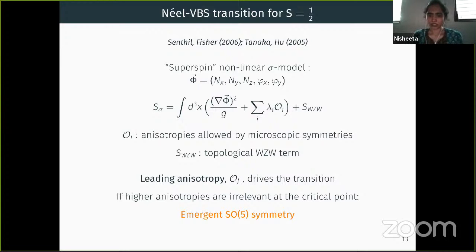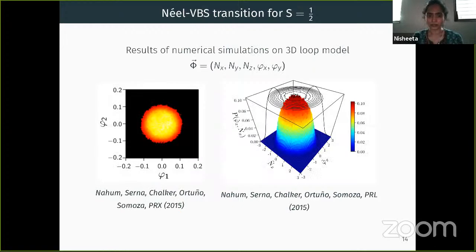So the proposal was that if there is one leading anisotropy that drives this transition between the Néel and the VBS phase, and all the higher anisotropies are irrelevant at the critical point, then there's an emergent SO(5) symmetry at the critical point. So this prediction has been verified in some numerical simulations.